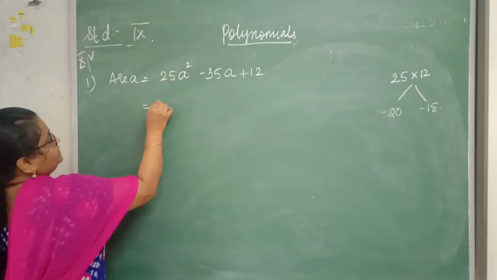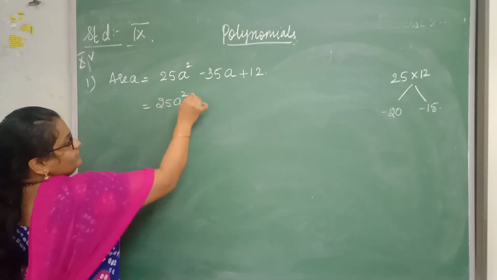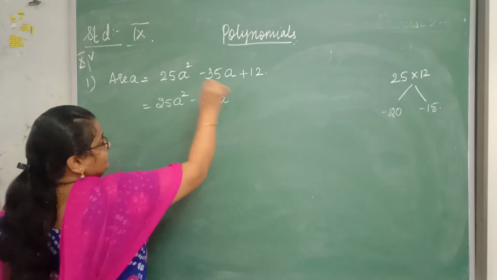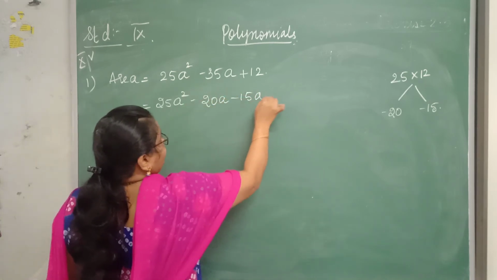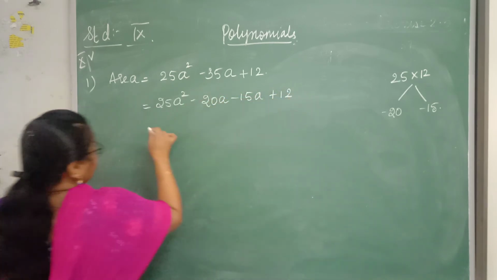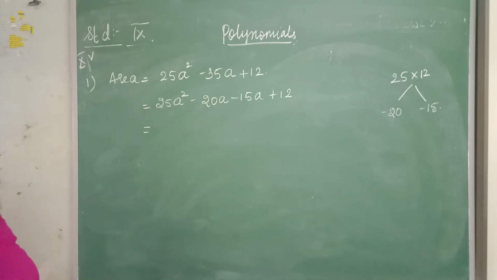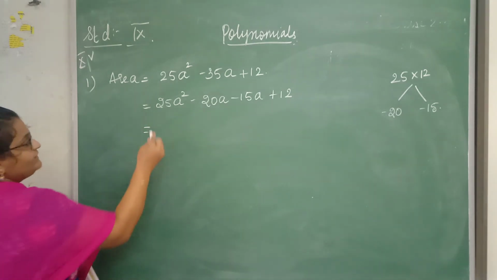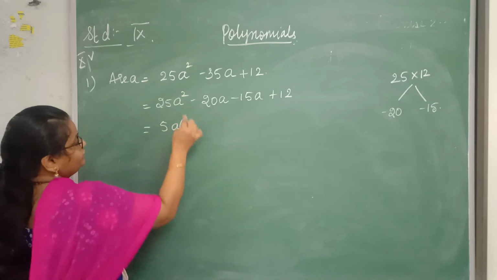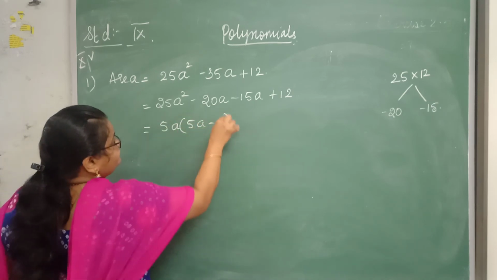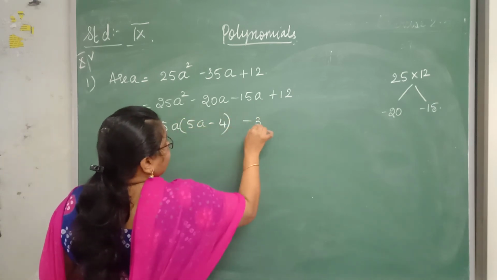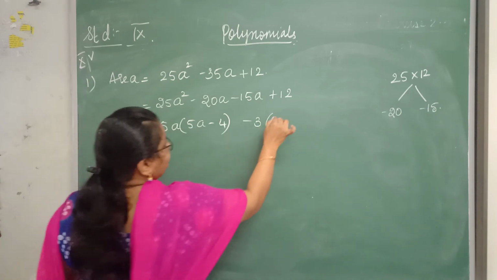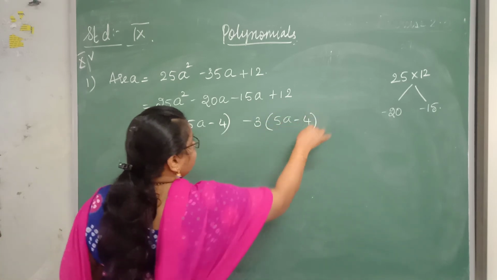So 25 a square minus 20a minus 15a plus 12. So out of this, if I take 5a as a common factor, we get 5a minus 4, and from the rest, 5a minus 3.